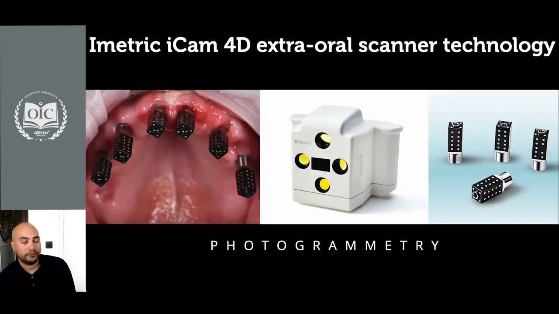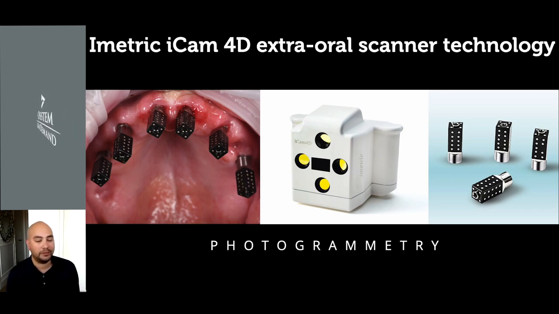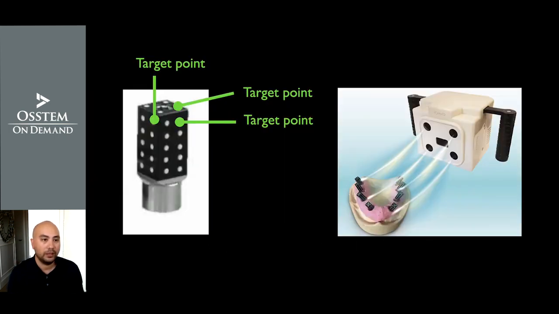What I've seen is that photogrammetry overcomes all these challenges by capturing the exact position of the implants. So it is a digital auxiliary tool. The scan body has 3 target points, so the machine is able to accurately detect the target points on these 3 surfaces.